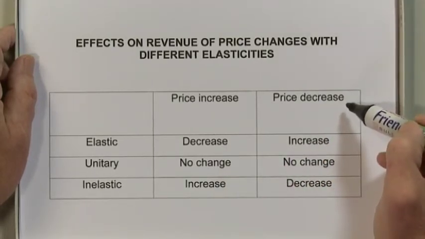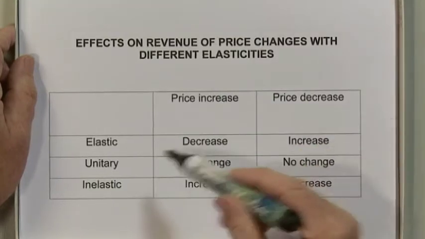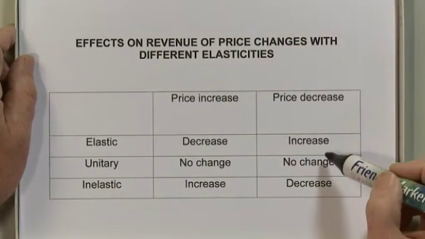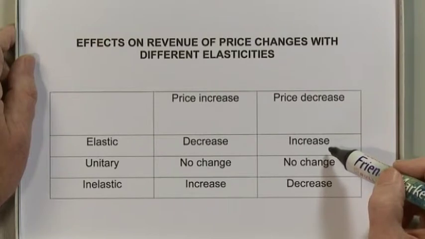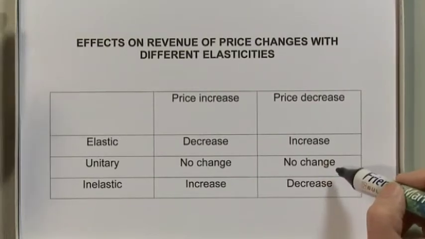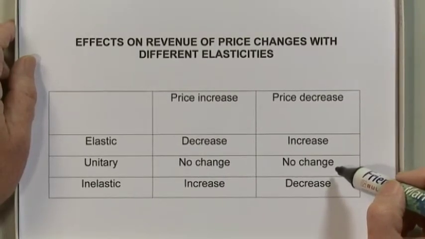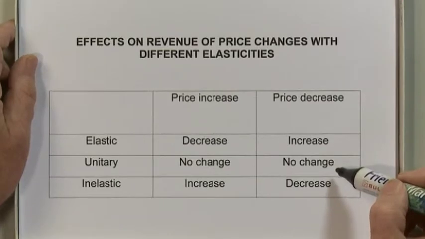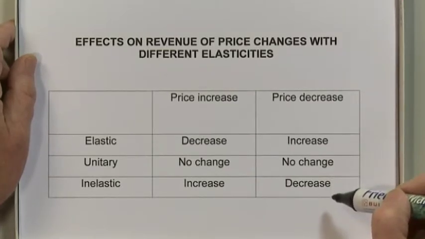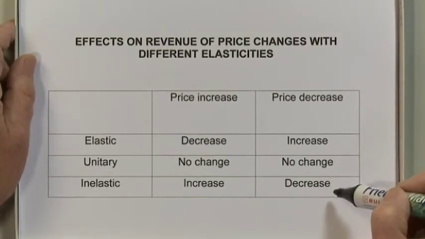If there's a price decrease and demand is elastic, there's an increase in revenue. If it's unitary, 1% price cut, 1% increase in quantity demanded, no change in revenue. More is sold, but no change in revenue. Cut price when demand is inelastic, and there is more sold, but a decrease in revenue.